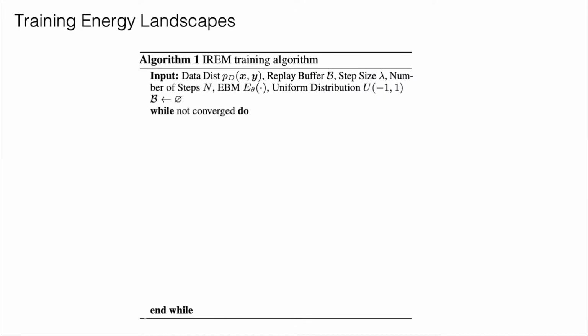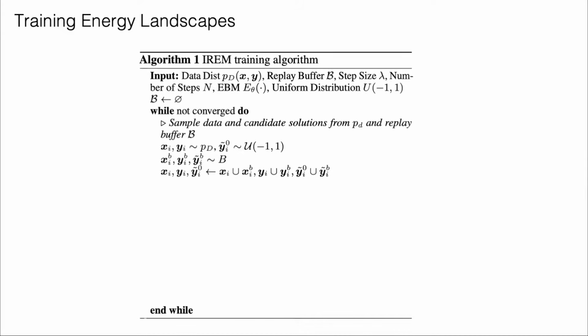And actually, it turns out, because in this reasoning problem there's a unimodal answer, like if you want to add two matrices, there's only one ground truth answer, there ends up being a slightly simpler energy-based training procedure you can do. You take your ground truth questions, X, and you start your solutions Y from some uniform noise.